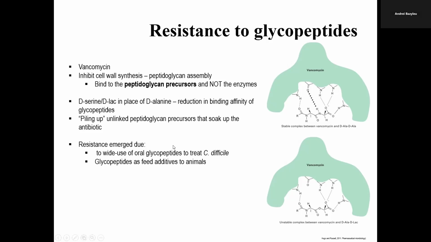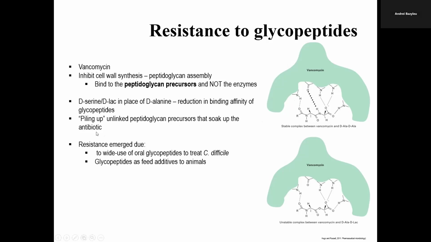What they do is they pile up, so they produce a lot of unlinked peptidoglycan layer precursors, the ones that are not going to be a part of the cell wall synthesis. Antibiotic doesn't know the difference. Antibiotic is just a molecule, right? It doesn't have any brains. So for the antibiotic, all it sees is a structure.